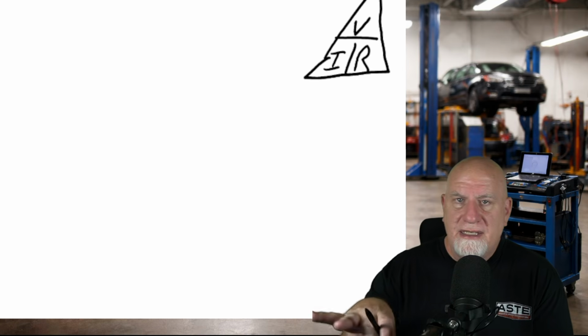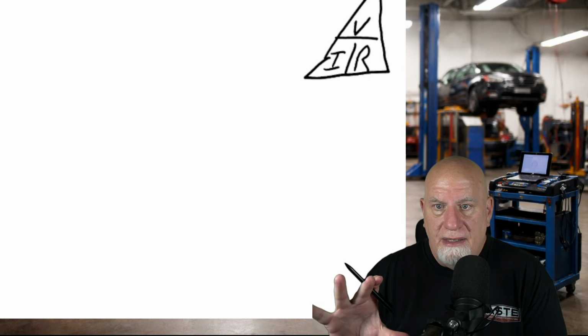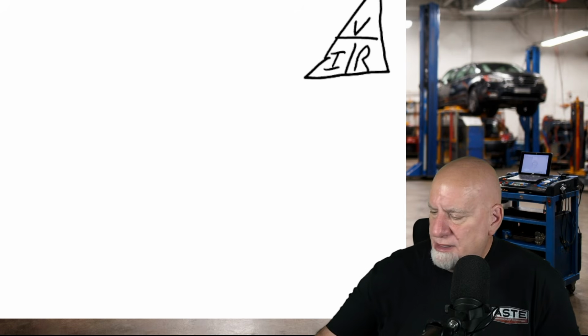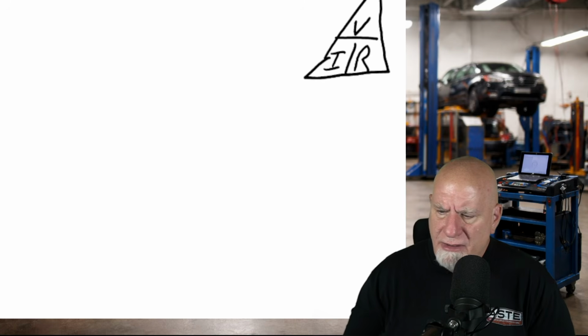So in the previous example, we held voltage where it was, and we changed our resistance. So let's say that we don't have a resistance problem now. Let's say that we have a voltage problem, either too little voltage or too much voltage. How does that affect this circuit according to Ohm's law? All right, back to our original drawing here.